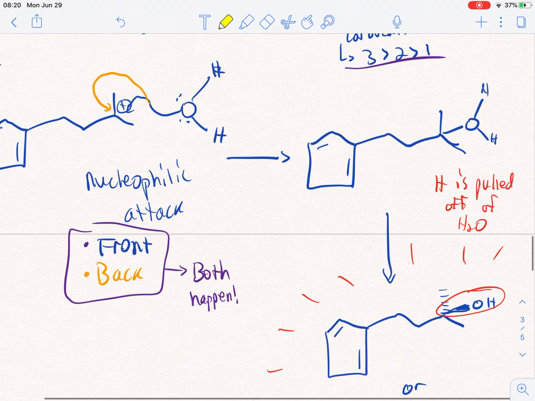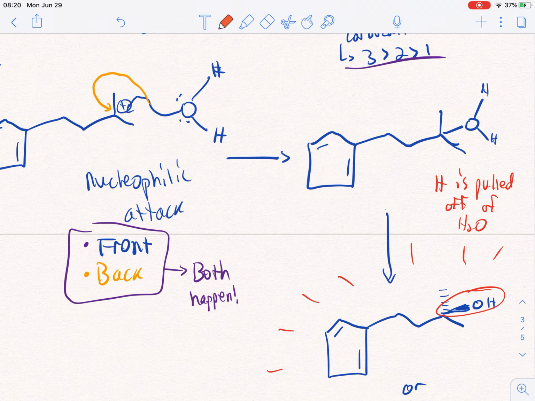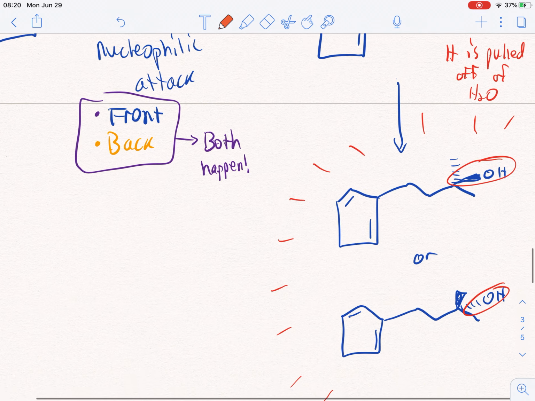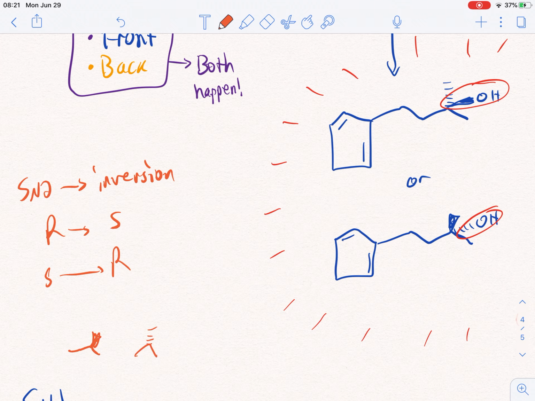So here, let's talk about stereochemistry. I'm not going to use yellow because it's just a little too bright. Stereochemistry is very important. SN2, remember, was an inversion, right? It would go R to S or S to R, from wedge to dash, dash to wedge.